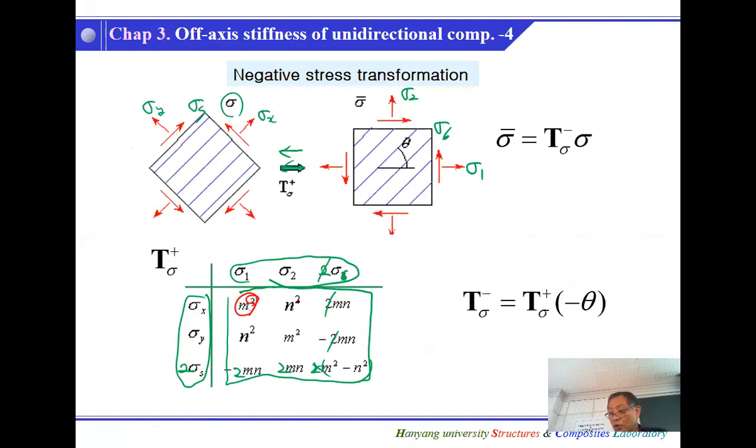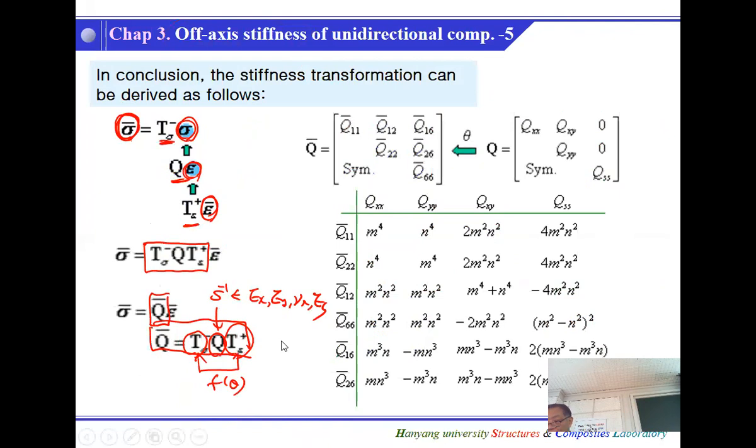Always twice, right? That is the result of the second order transformation. Now here is a second order, and here is another second order. Finally, it's a fourth order stiffness. So actually Q, the stiffness, is a fourth order tensor.